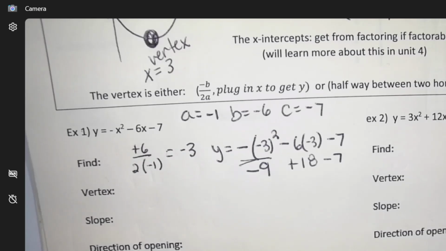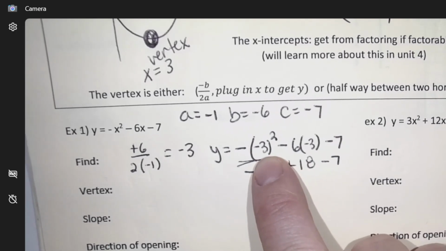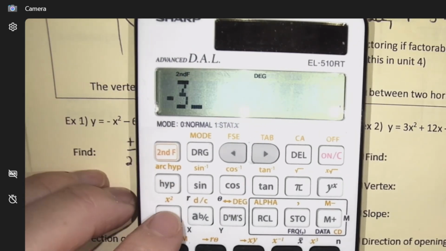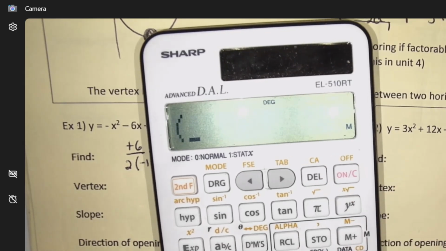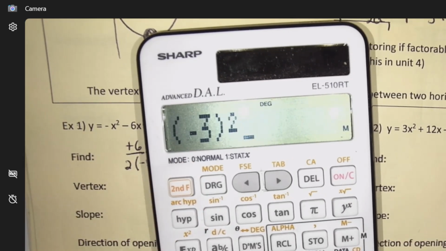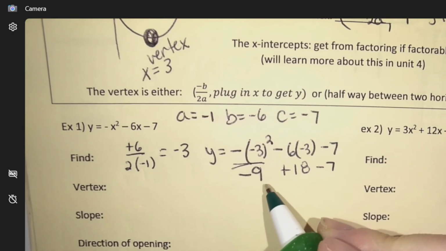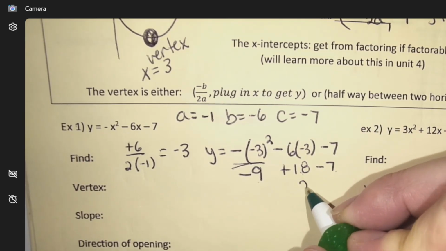Lots of you are going to be typing into your calculator, so if you ever have a negative number, put it in brackets. Me typing something like this is a wrong type. If you're going into your calculator, you need to be using this when you're squaring, okay? Okay, what are we at here? So that makes 9, subtract 7. Did you get a 2?